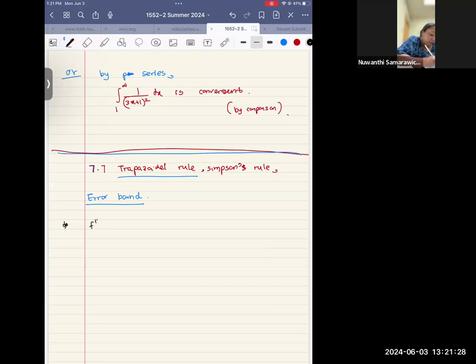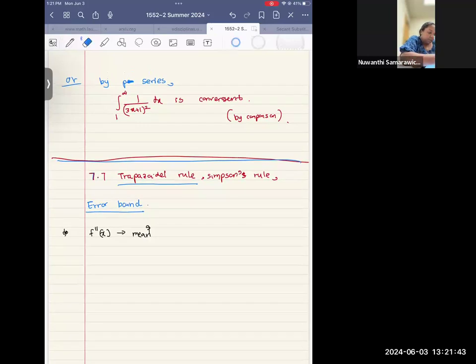When you take the second derivative of a function, this measures how fast the slope of y equals f(x) changes.